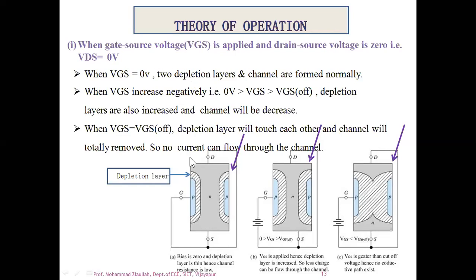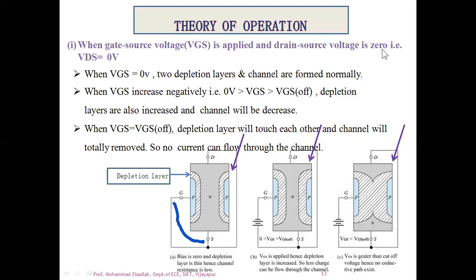So the first case is when the gate source voltage is applied. In the sense, we will be applying the input voltage at this particular region, and the drain and source voltage is kept at 0.